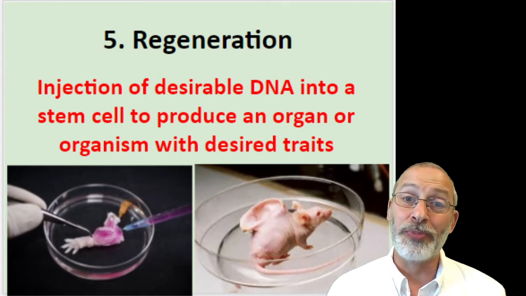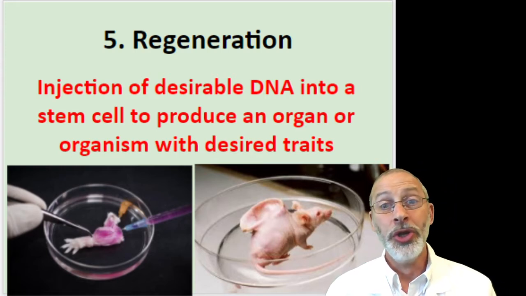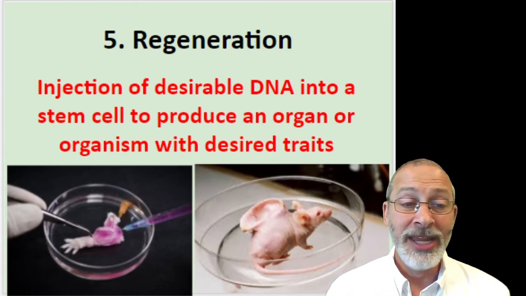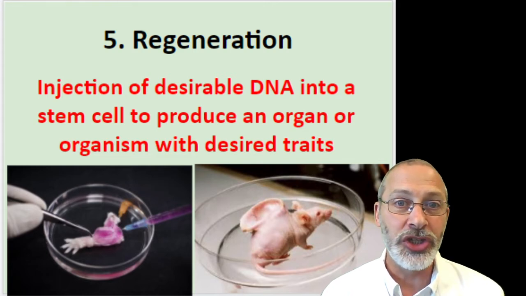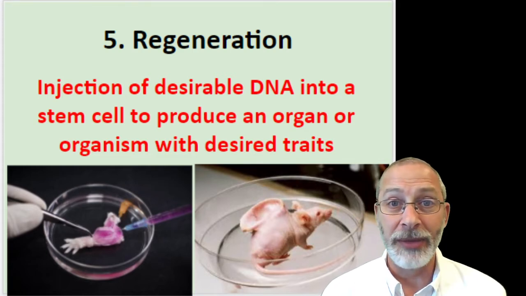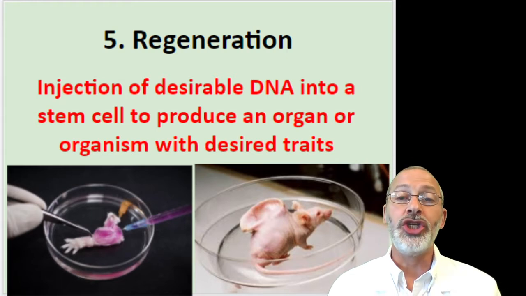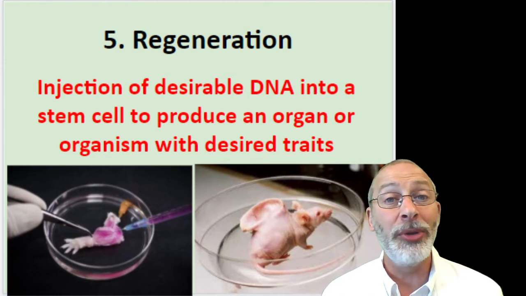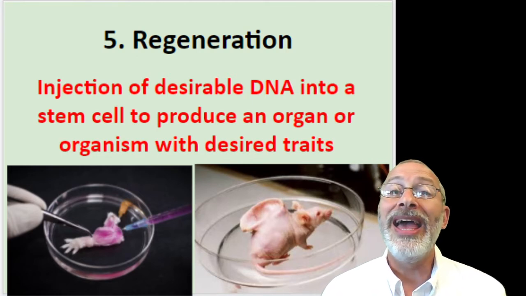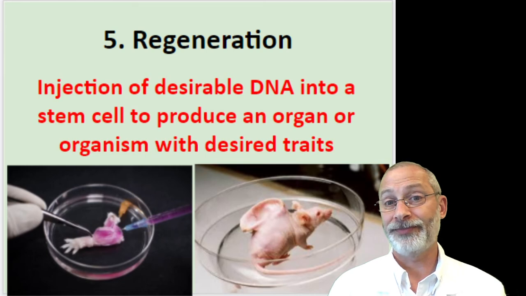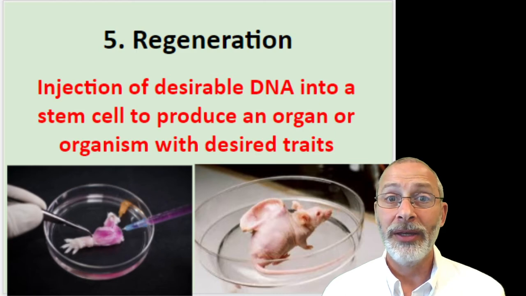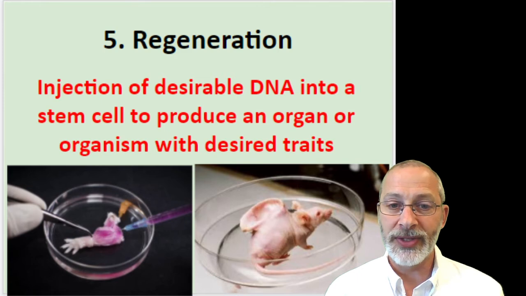Now, this is pretty outrageous when you think about it, but regeneration in the context of genetic engineering, not in the context of like starfish or sponges that have the ability to regenerate, but genetic engineering regeneration is when there is an injection of a desirable DNA into a stem cell, and the stem cell then goes on to produce an organ or a complete organism with desired traits.